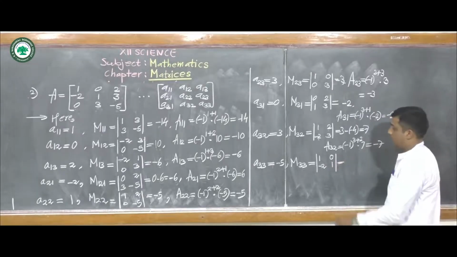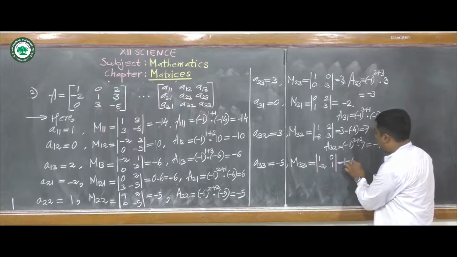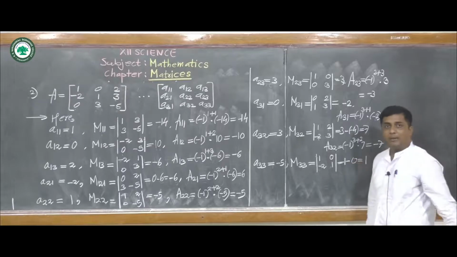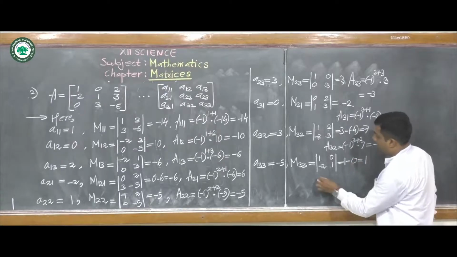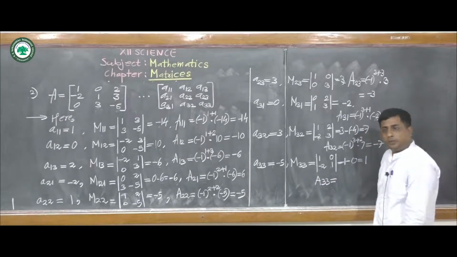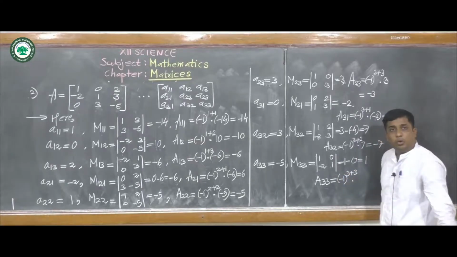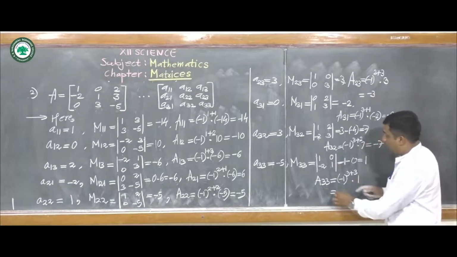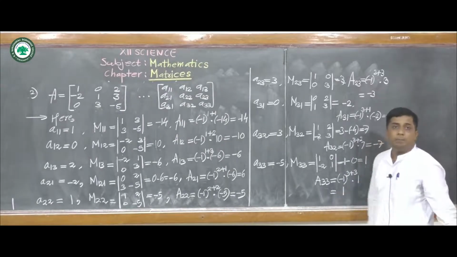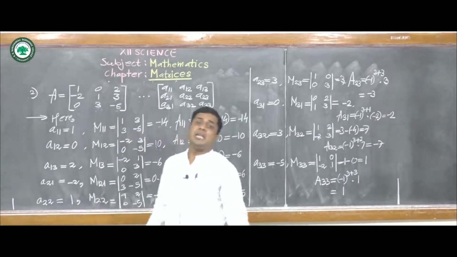This is equal to 1 into 1 is 1, with minus sign minus 2 into 0 is 0, so this is equal to 1. Next, we find its cofactor. A33 is equal to minus 1 raised to 3 plus 3 into the minor, which is 1, and minus 1 raised to 6 is plus 1, so 1 into 1 is 1.